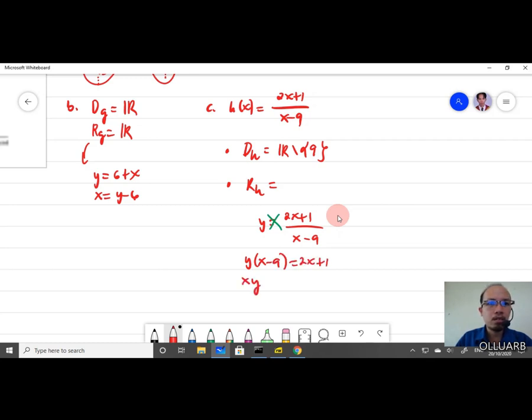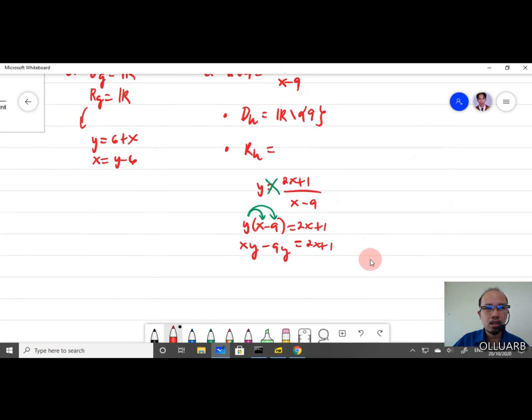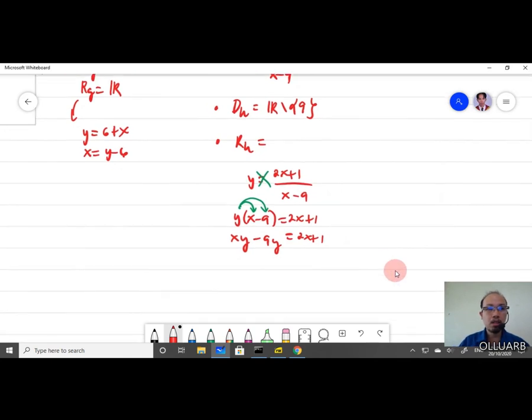So distribute, and then put all the terms which have a variable x on one side. So xy minus 2x is equal to 9y plus 1.